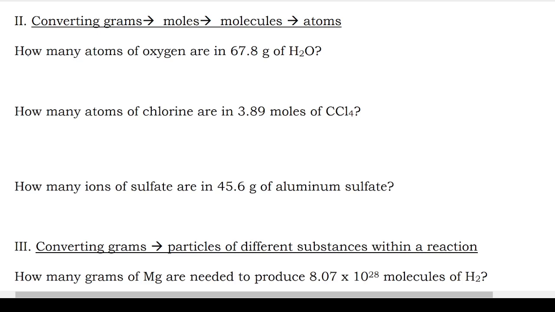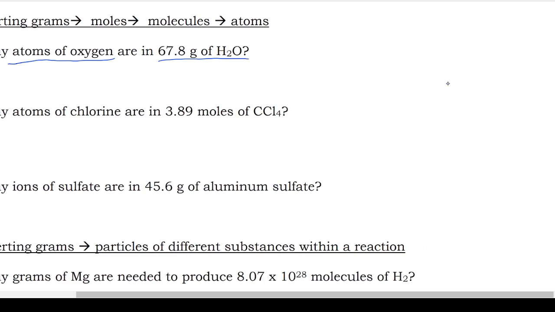So this question says how many atoms of oxygen are in this many grams of H2O? So you're looking for atoms. You know that when you're done with your whole question, if you recognize that you will be in atoms of what when you're done?